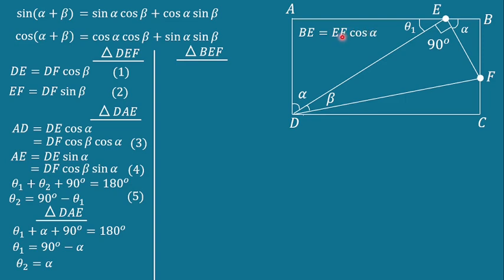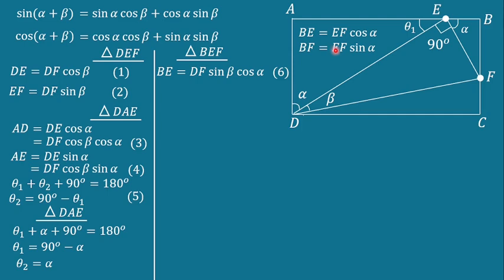And if I use the value of EF from equation 2, I can re-express this as BE equals DF sine beta times cos alpha, where DF sine beta is the value of EF at this position. Similarly, for the perpendicular BF, I can write EF times sine of alpha, that is the hypotenuse times sine of this angle.